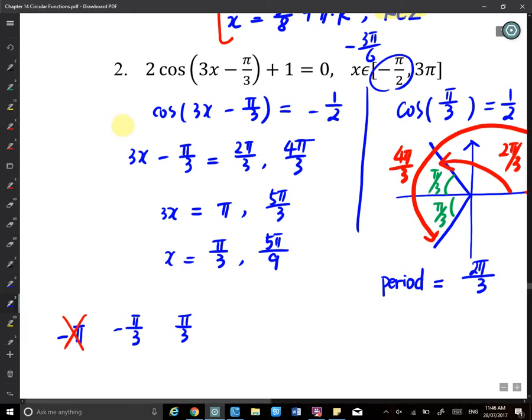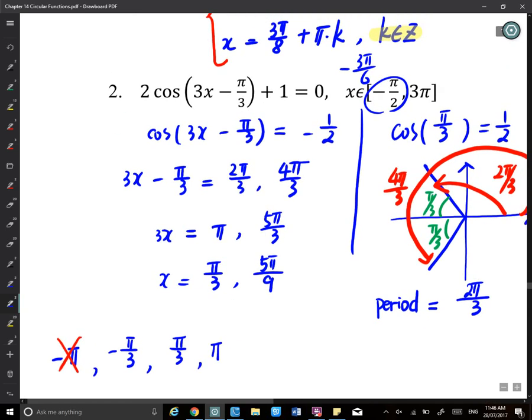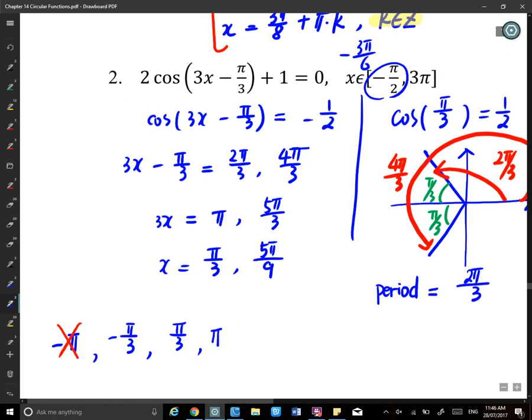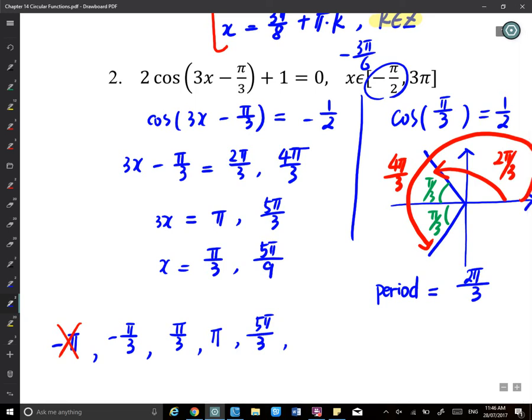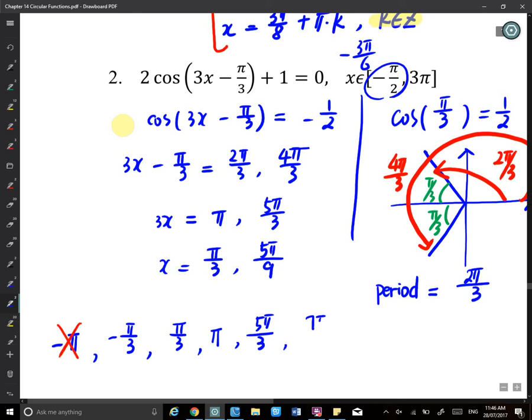And I can add to this side. After I add 2 pi on 3, I get pi. Pi is fine. I'll add another 2 pi on 3 and have 5 pi on 3. That's still less than 2 pi, which is correct. I'll add another 2 pi on 3, which is 7 pi on 3, which is still fine.